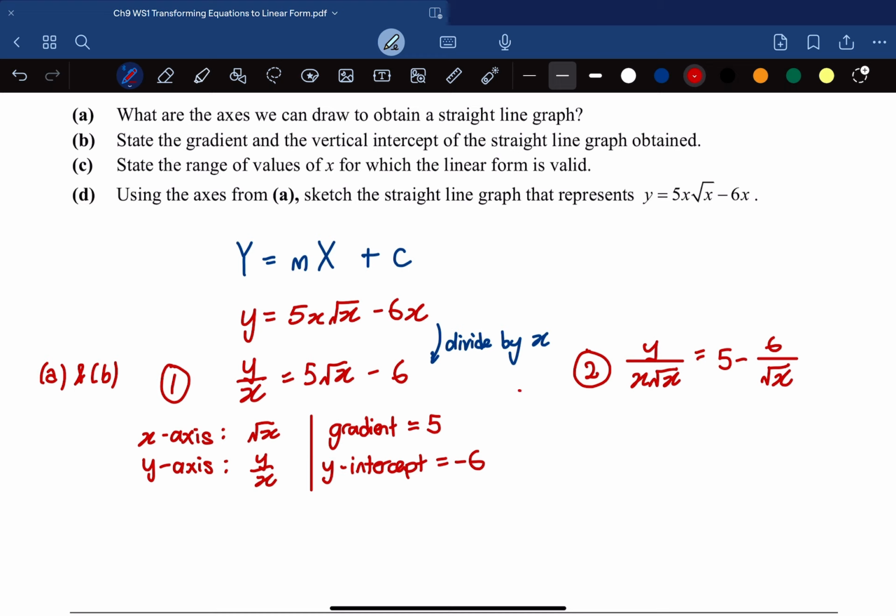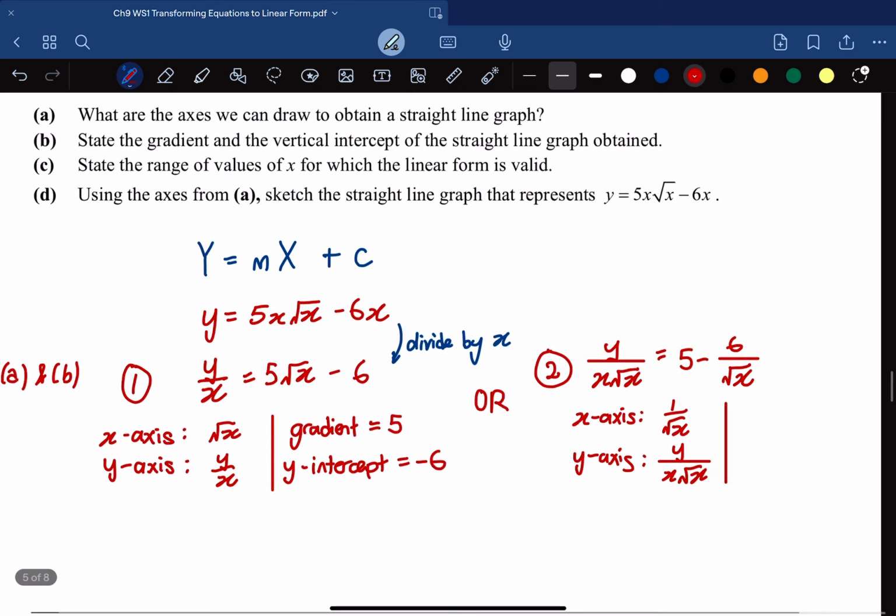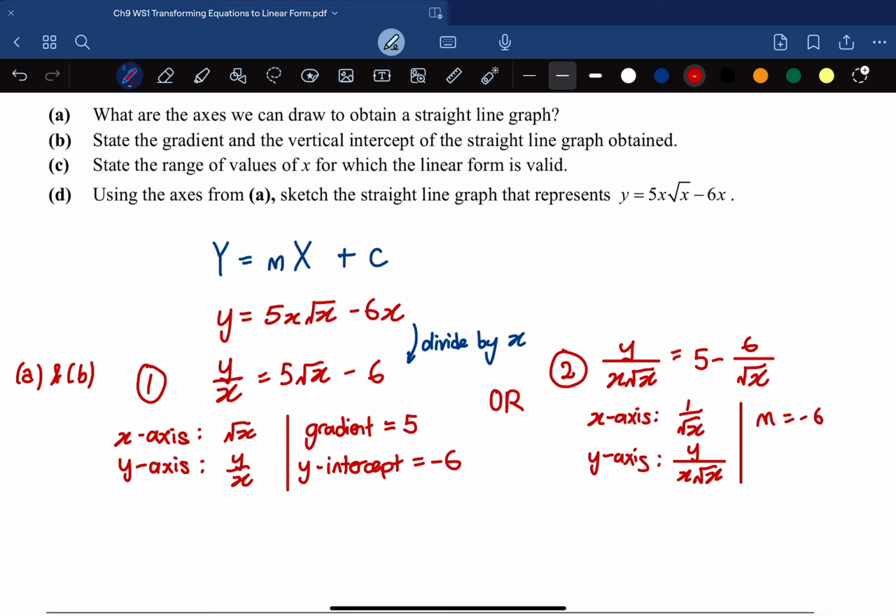But let's say if I choose to do method number 2, then you will have different x and y axis. Over here, method number 2, your x-axis will be simply 1 over root x. Your y-axis will be y over x root x. Gradient m equals to negative 6, and your c or y-intercept will be 5.